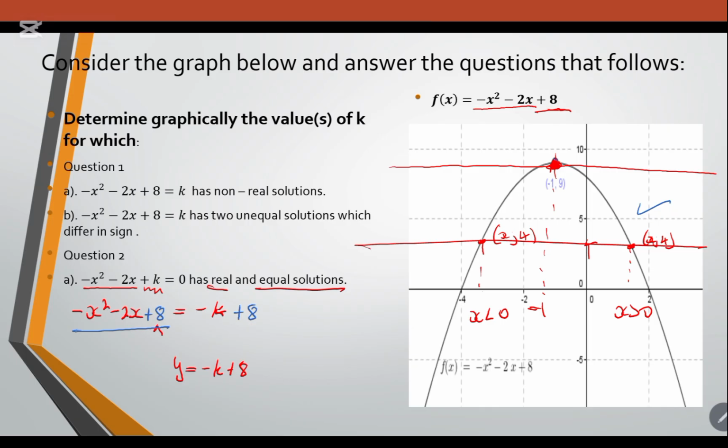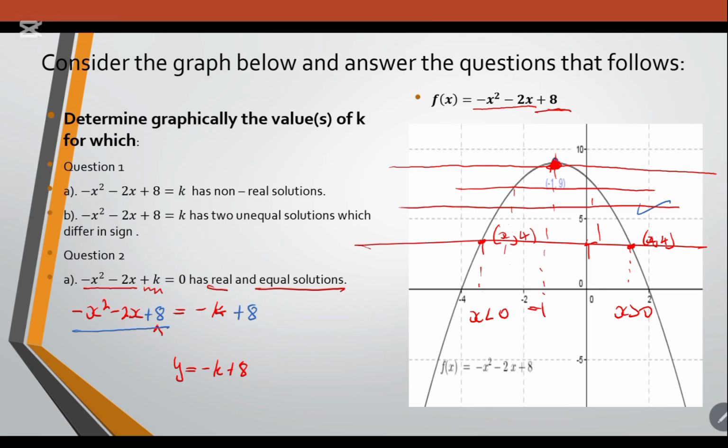So, if that is the case, this graph will have equal solutions at this point. But if it is any number that is below the value of y of the turning point, our constant line will forever have two unequal solutions. There will be a value of x this side and a value of x that side. So those values will forever be unequal.